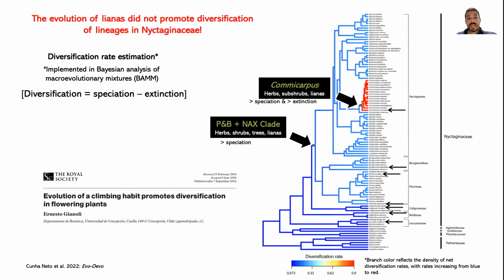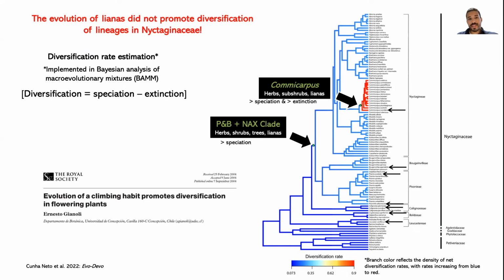And with that, we estimated the net diversification rates, which is the result of speciation minus extinction rates. So our results showed that the most frequent scenario is that occurred 2 shifts in the diversification rates in Nyctaginaceae. One encompasses the tribes Pisonieae, Bougainvilleeae, and Nyctagineae, and the other one is found in the genus Commicarpus.